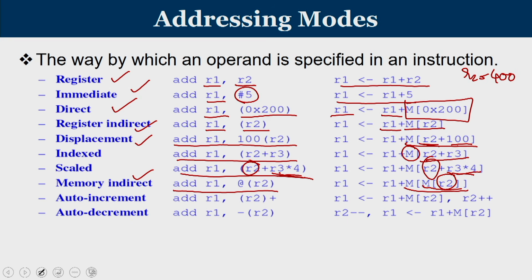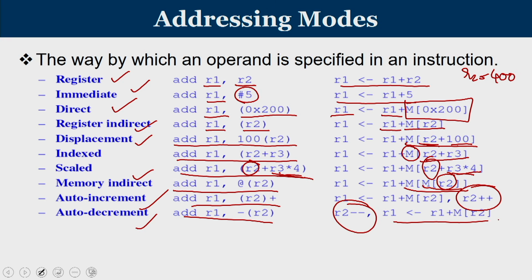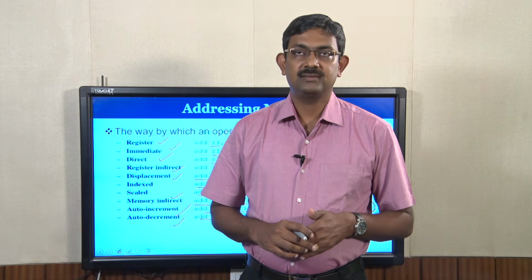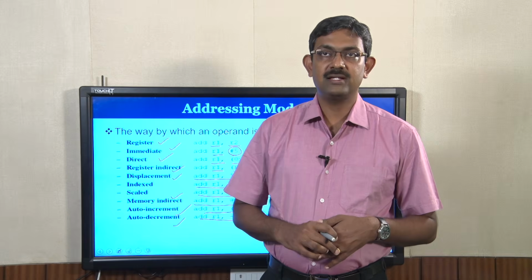Then we have auto increment and auto decrement addressing modes, where the value at the memory location mentioned in R2 is taken and automatically R2 is incremented, so that next time when I go, it will point to the next location. Similarly, when you go for auto decrementing mode, first you decrement the value of R2 and then you take it. So, these are all different ways by which we can address the different operands, based upon the convenience in mentioning the instructions.